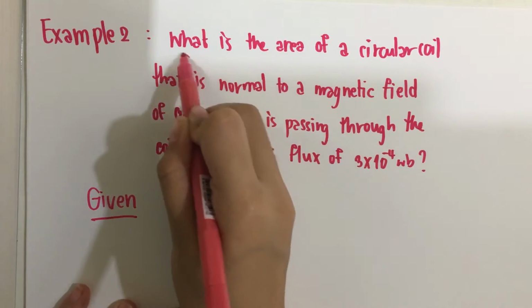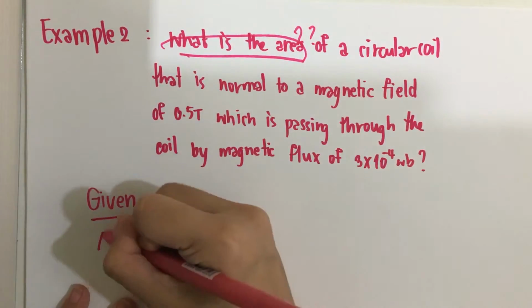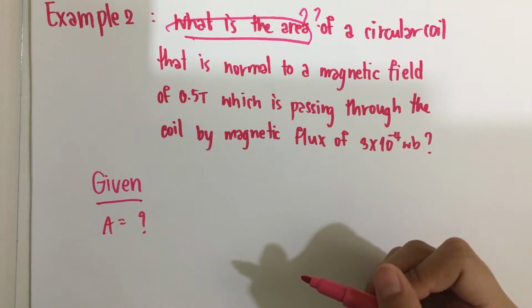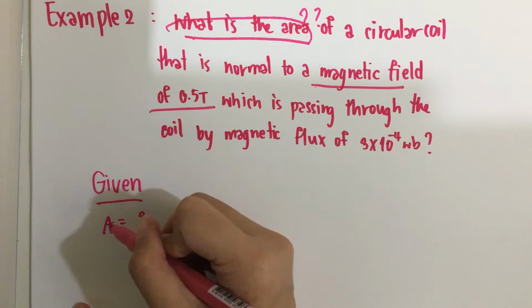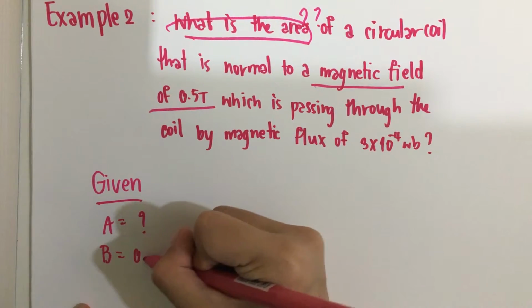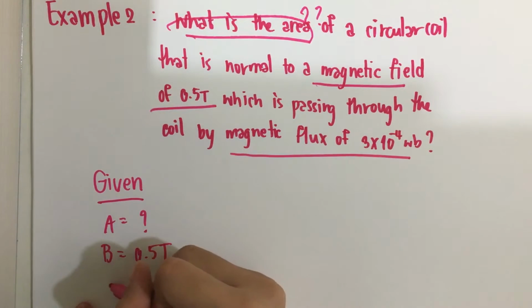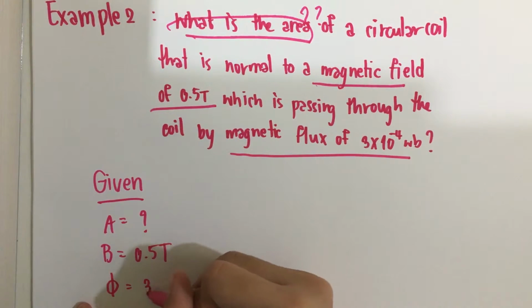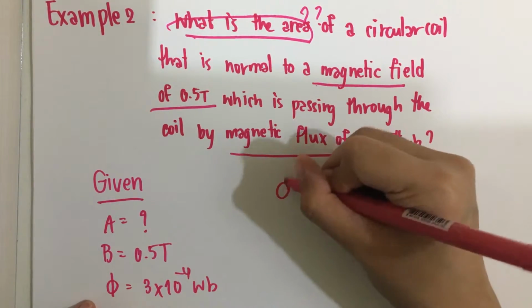They want to know what is the area, and they already give us magnetic field and magnetic flux. So we use this formula again.